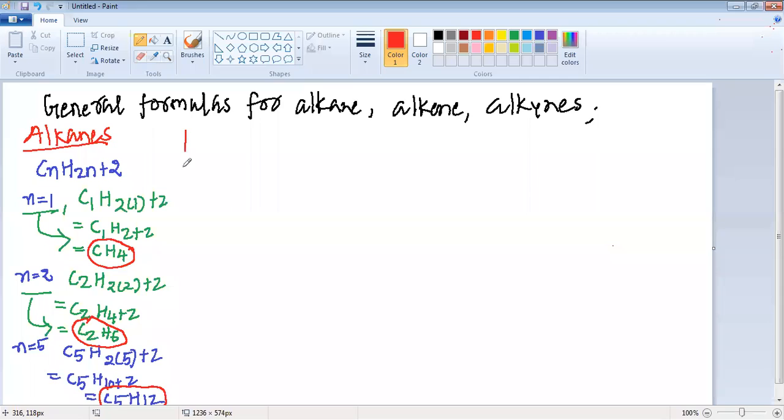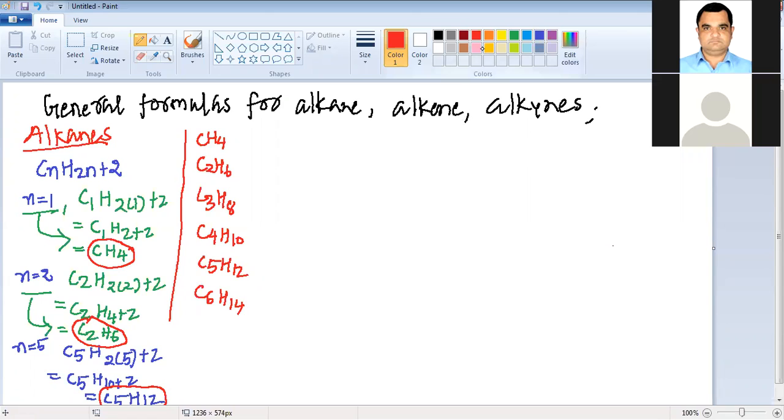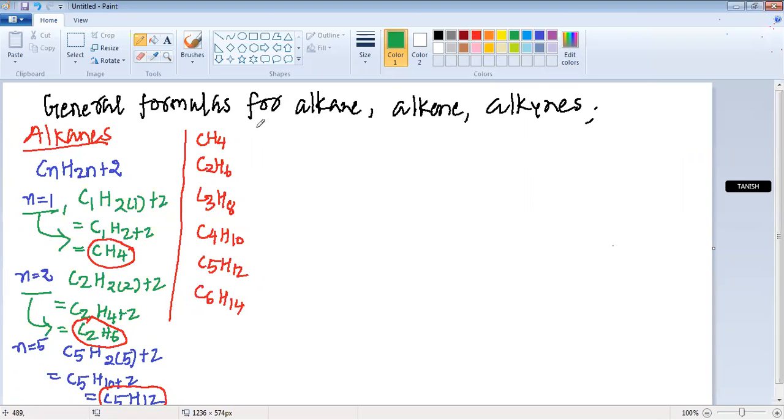I can write all the members here for you, that you have first methane, then you have ethane, then you have propane, then you have butane, then you have pentane, then you have hexane. Let me write the names even for you, my dear students, that this is what it is known as methane. Then you have this one which is known as ethane. Then you have the next one which is known as propane.